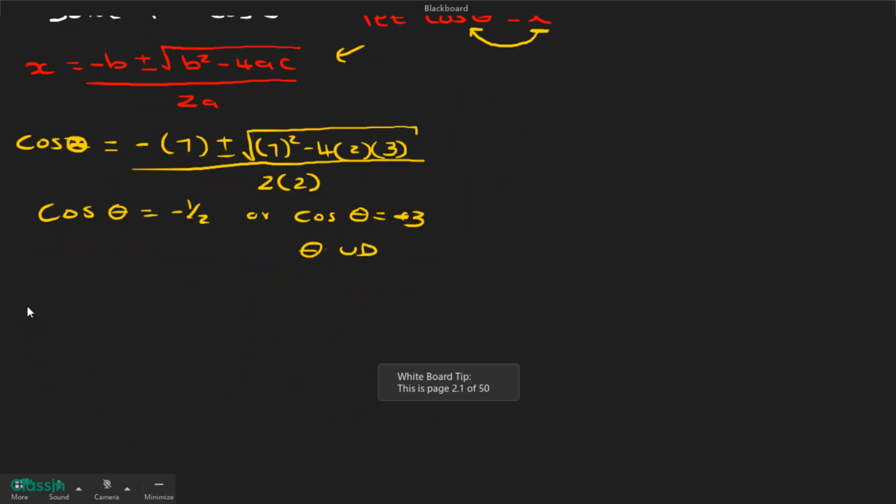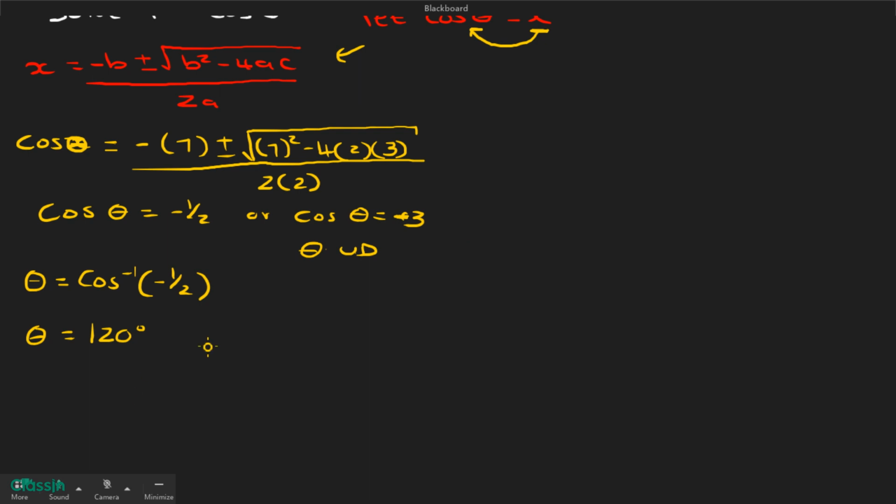Now we can solve this going forward. If theta is equal to arc cos of negative 1 over 2, then our first answer for this is 120 degrees.